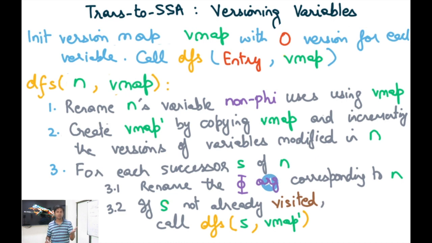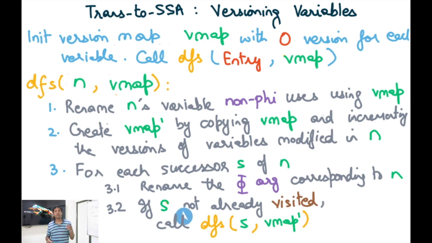That's what a phi function means, because it will have as many arguments as the number of incoming edges to S. One of those arguments is going to refer to n, and you rename that particular argument, only that particular argument in S, based on VMAP prime, because that represents the latest map after all the assignments in n have been completed.